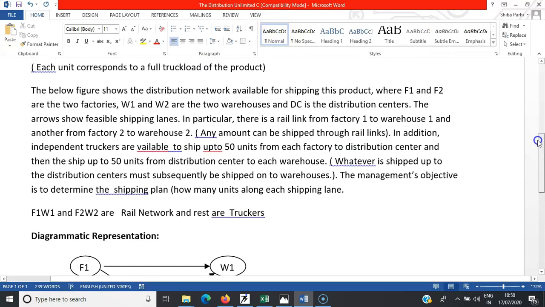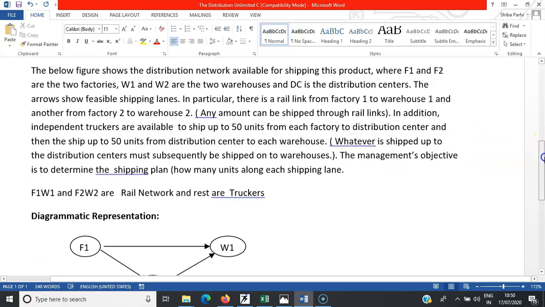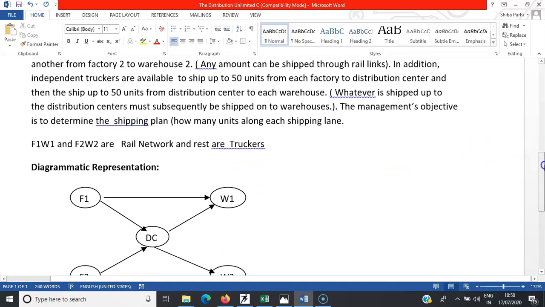The constraint is that trucks are available to ship a maximum of 50 units. So a maximum of 50 units can be transported by truck through the roads, and for the rail there is no limit of transportation.